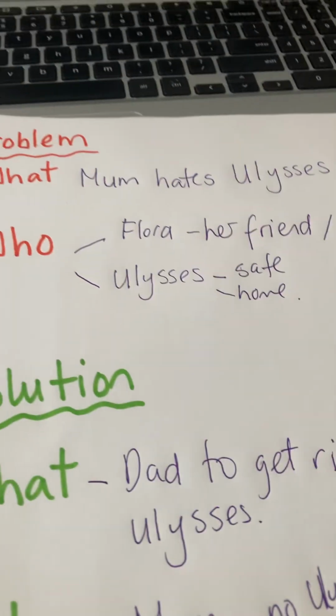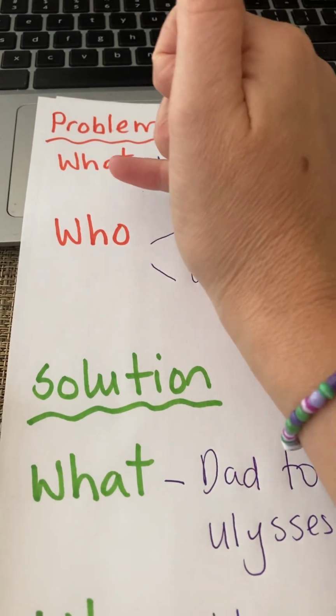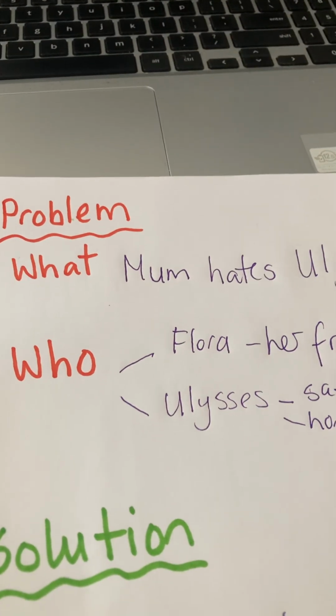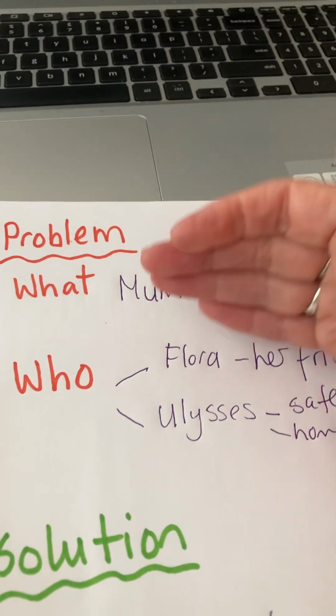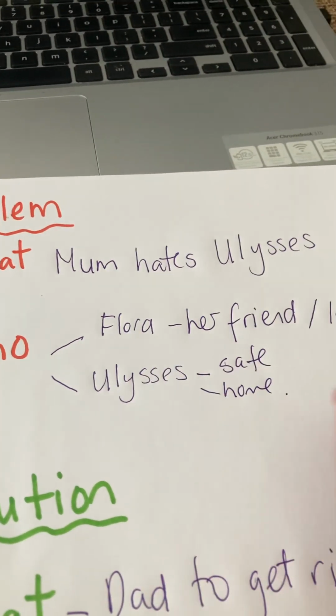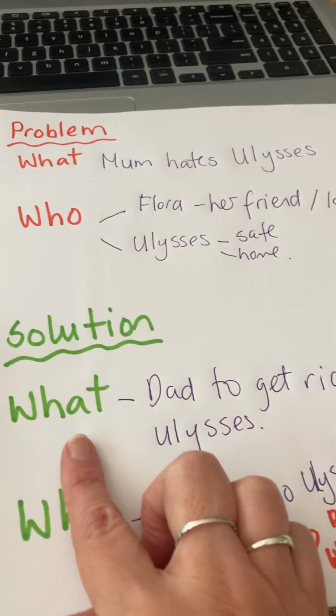Okay, so for this week, in your reading, I want you to identify a problem. What is it? Who's it a problem for? There might be more than one person. All right, and then the solution.